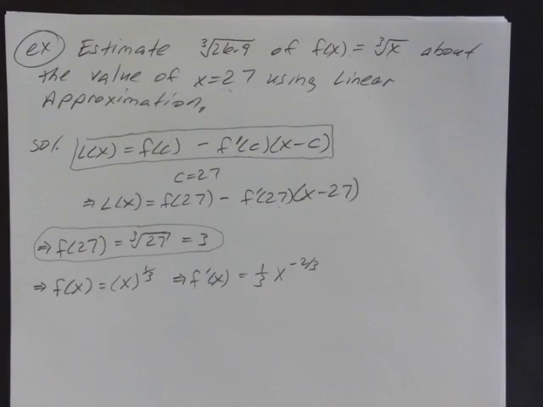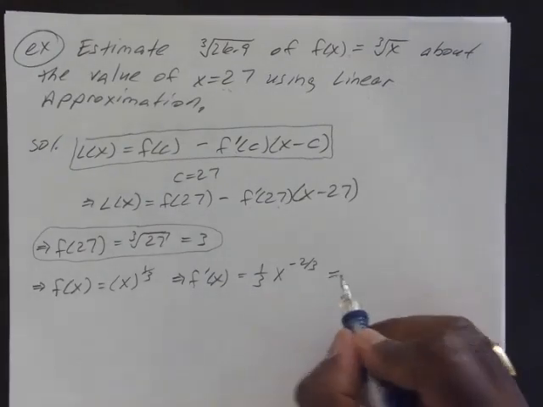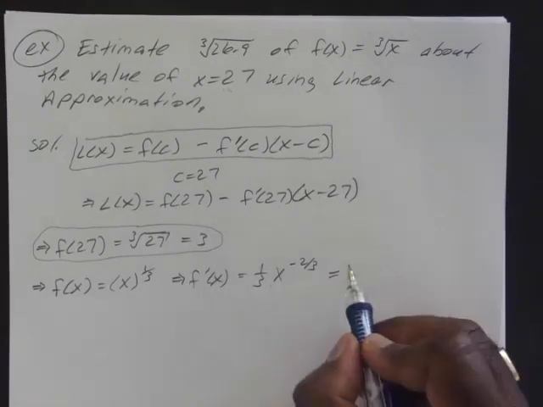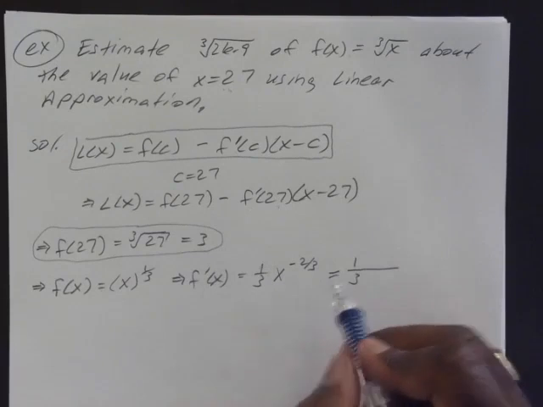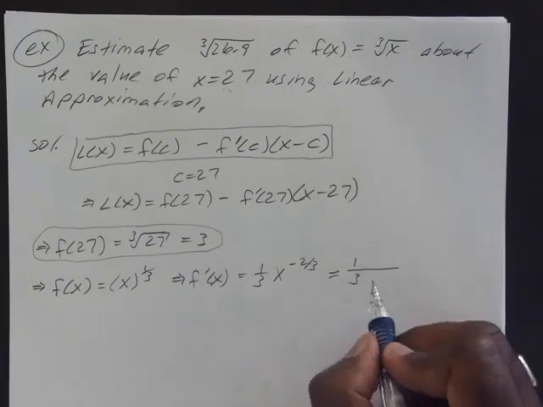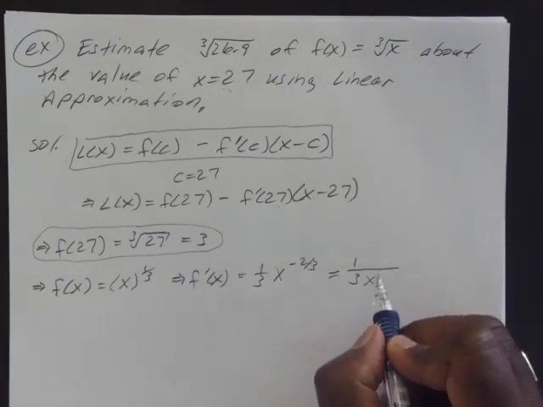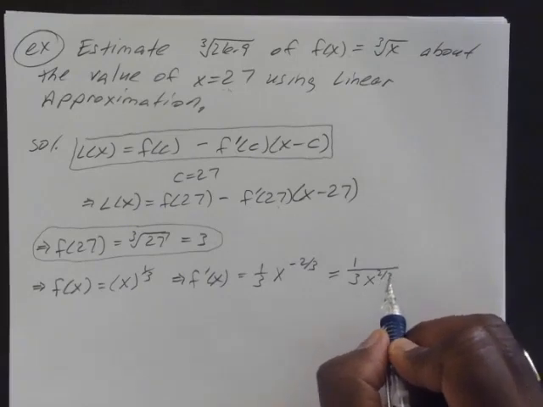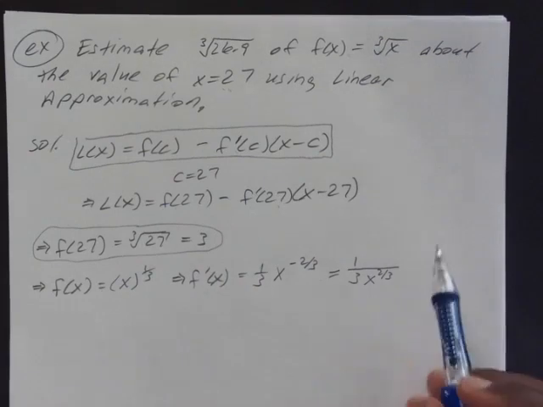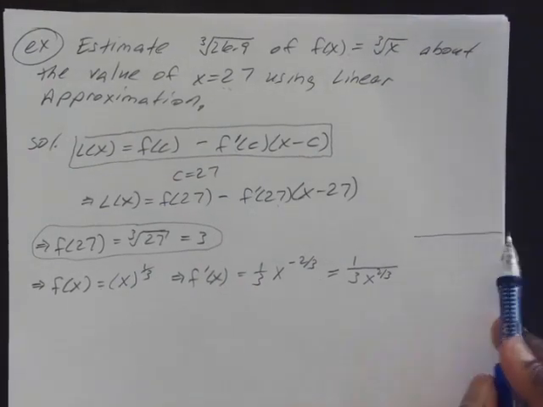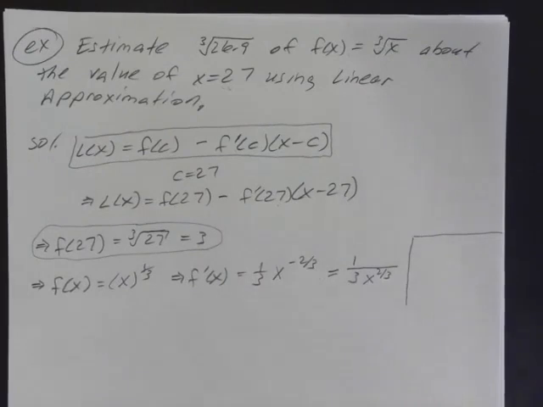Okay, now that one we can rewrite to make it a little easier to calculate. So we can just say 1/3, and x to the negative 2/3, we can make it positive by moving it into the denominator, so x to the positive 2/3. And I'll draw a little side note here.